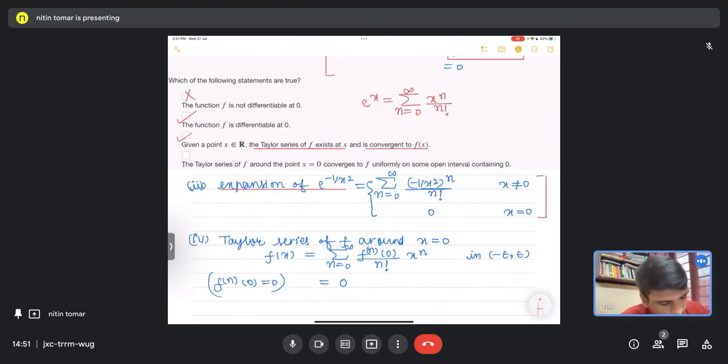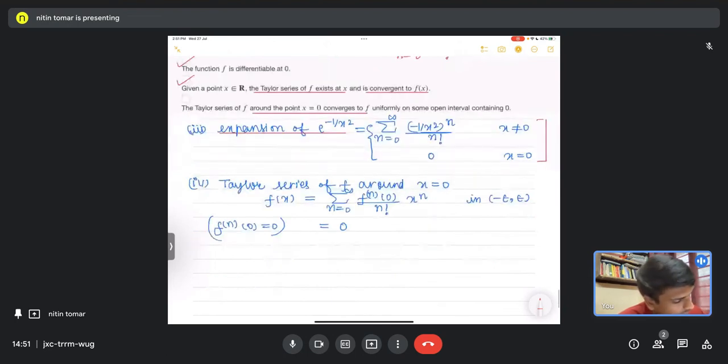So this is true. And the fourth option is that the Taylor series of f around the point x equal to 0 converges to f uniformly. So let's first find the Taylor series of f around x equal to 0. What is the formula for that? Around the point, the Taylor series is given by the nth derivative at that point, which is 0 in this case, times x to the n, over n factorial.